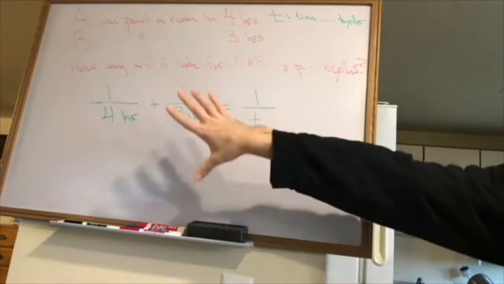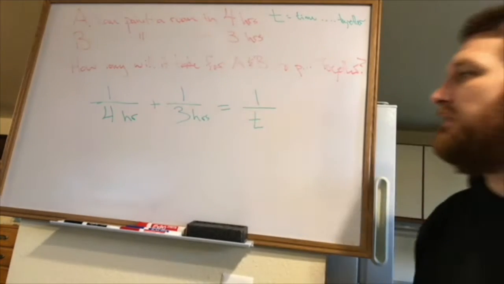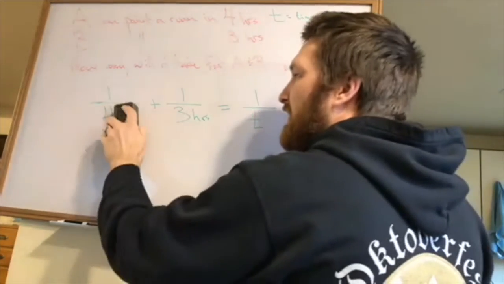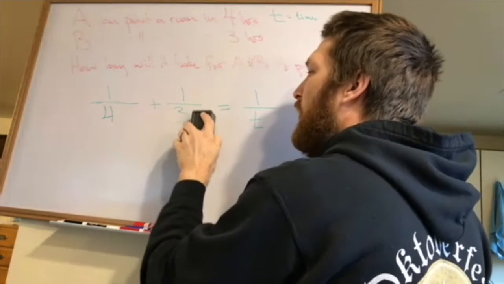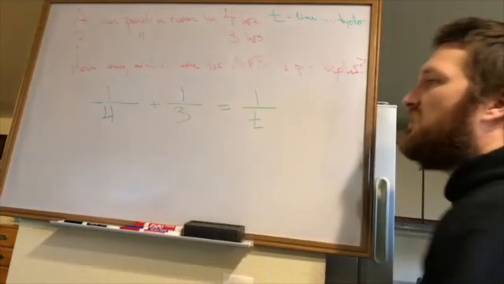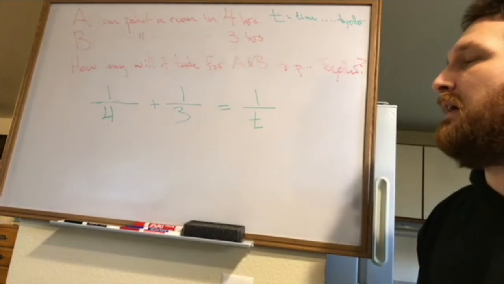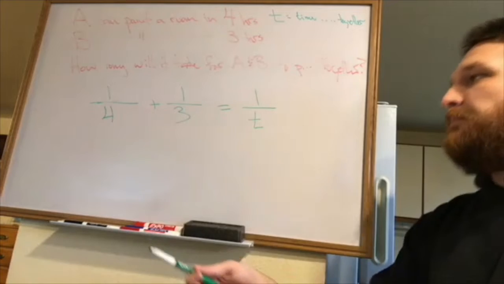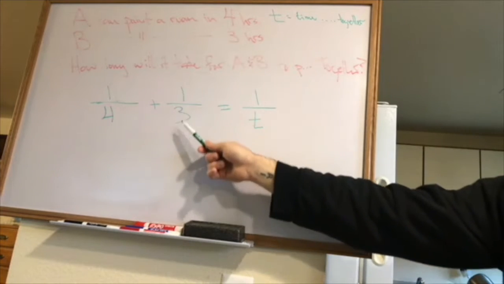Does this all make sense, why we're setting it up like this? Okay, yeah. And there's like 5 questions like this on your homework. That's pretty much just this principle over and over and over again, where we just construct a rate. And in that case, it's like one job and one job per the amount of time.